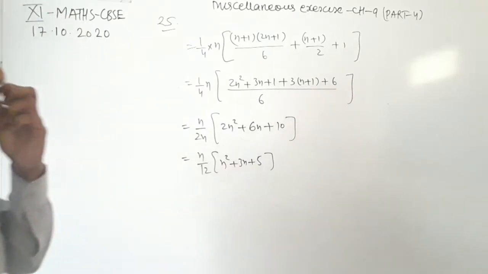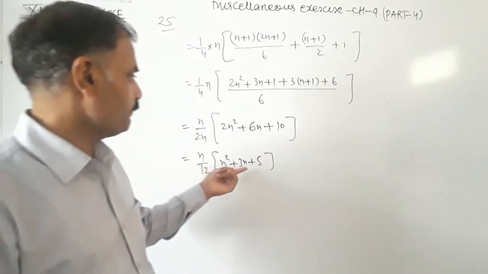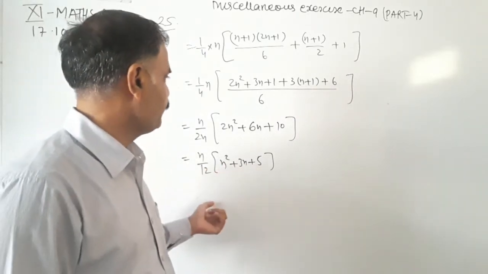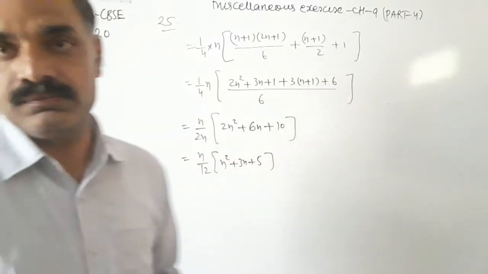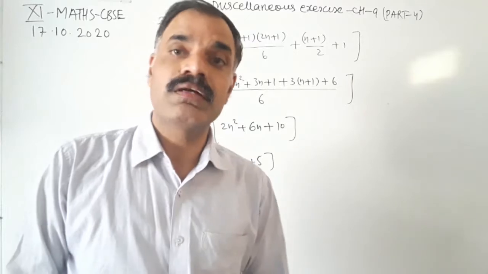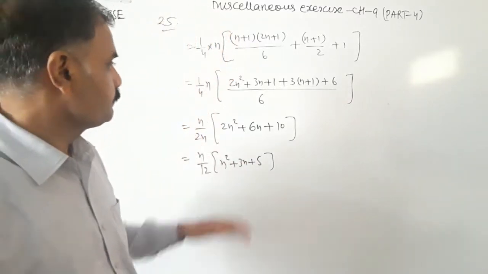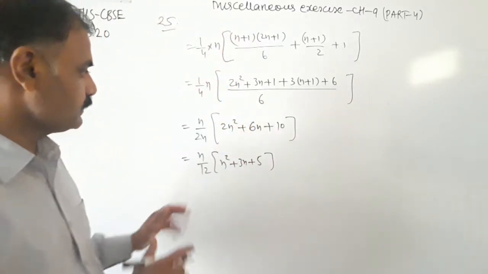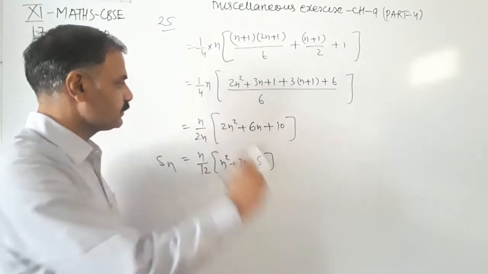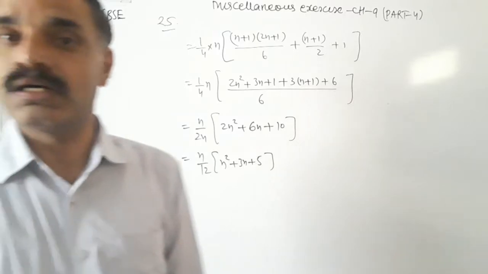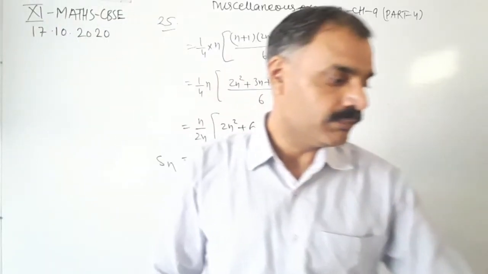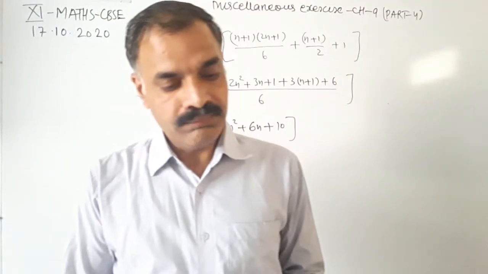Now this cannot be factorized further. So the sum of the series, Sn, is equal to n by 12 into (n square plus 3n plus 5). Okay, this is question number 25.